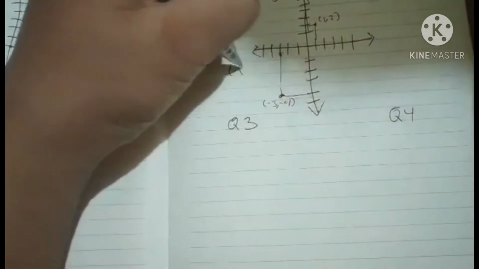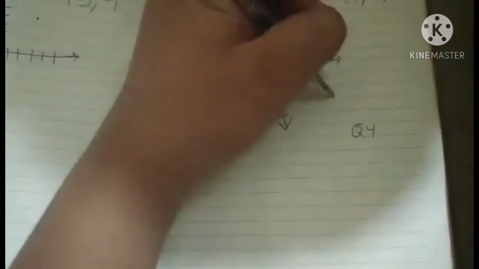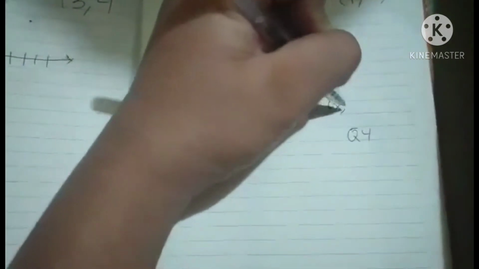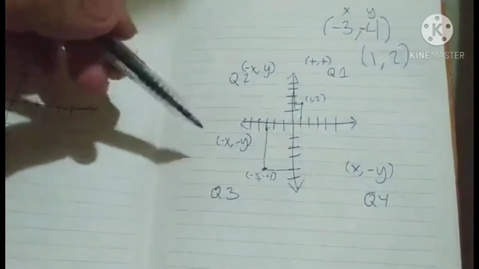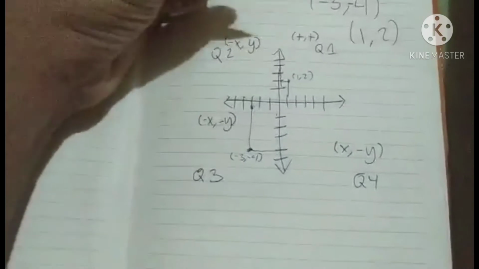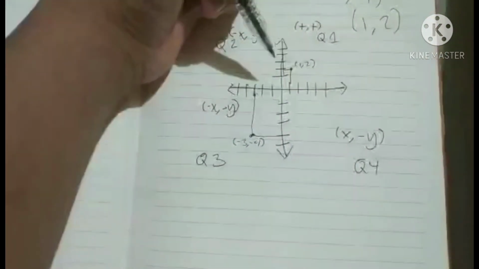For quadrant 3, it has to be negative x and negative y. And for quadrant 4, you need a positive x and a negative y. So you can use any numbers. Like we have our examples of quadrant 1 and quadrant 3.